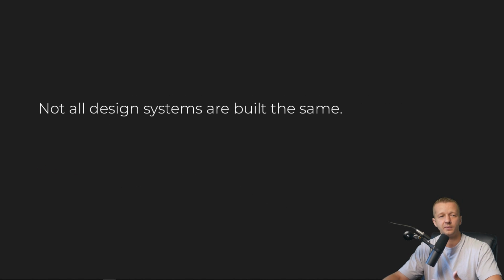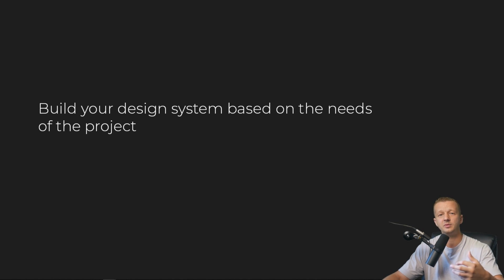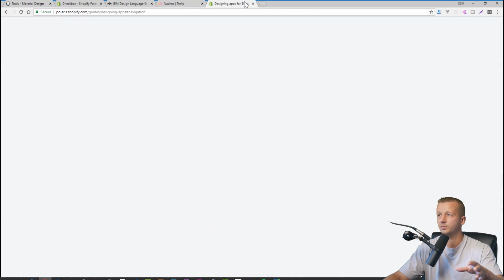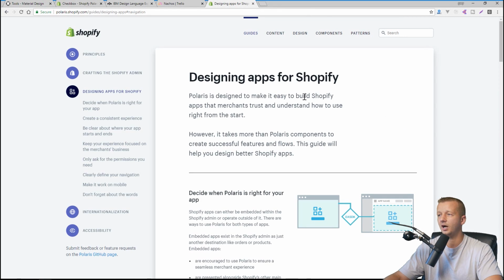As you saw from the examples, there are differences and commonalities in each design system. Some design systems will omit sections that other design systems choose to include, and that's why ultimately the design system that you build needs to be based on the objectives of that business. For instance, Shopify's Polaris design system includes a section about designing apps for Shopify.